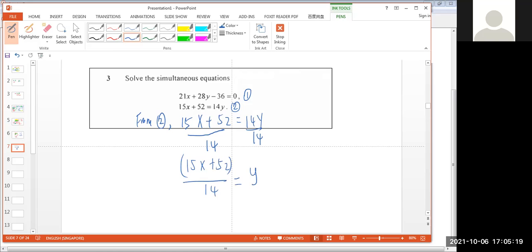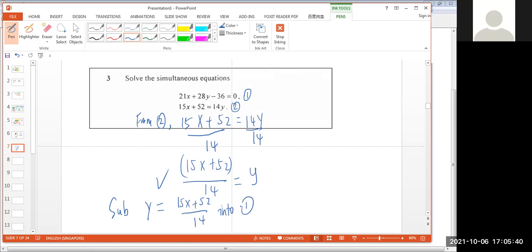So that is good enough. So my y is actually equal to this thing. So once I have this, the next step is to sub y equal to the above, which is 15x plus 52 divided by 14, into equation 1.